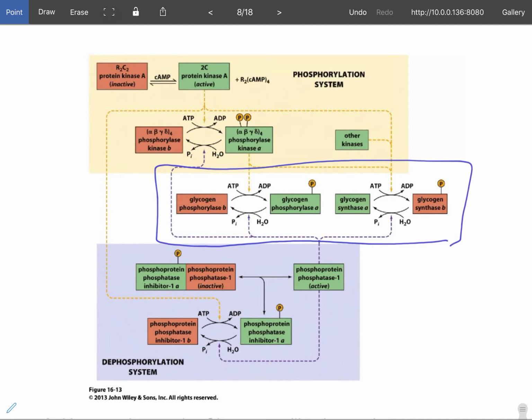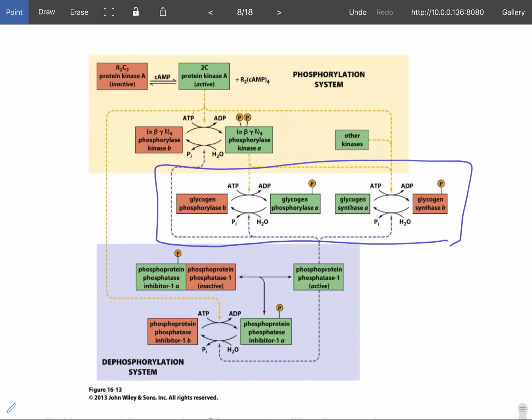So if glycogen phosphorylase is subject to a kinase activity called phosphorylase kinase that uses ATP to add a phosphate group to it, then glycogen phosphorylase becomes active. And conversely, if glycogen synthase is acted upon by a kinase, phosphorylating it then converts it to the inactive form. And then removing that phosphate activates the synthase, and removing the phosphate group from the phosphorylase deactivates that enzyme.